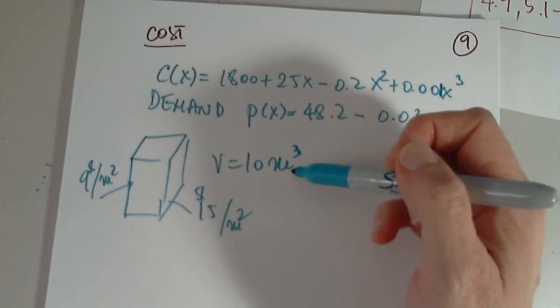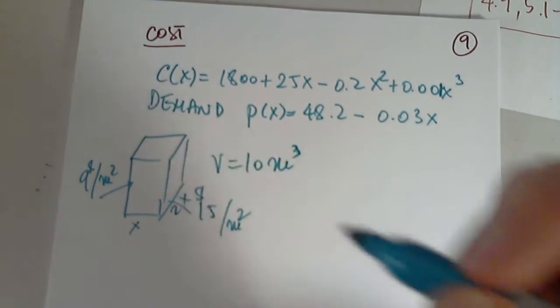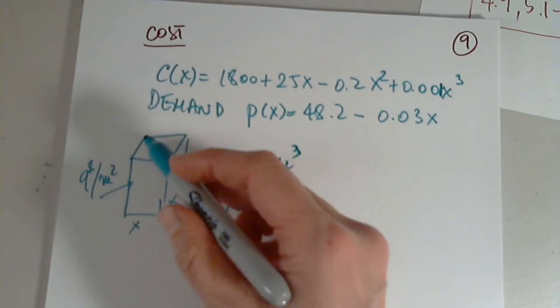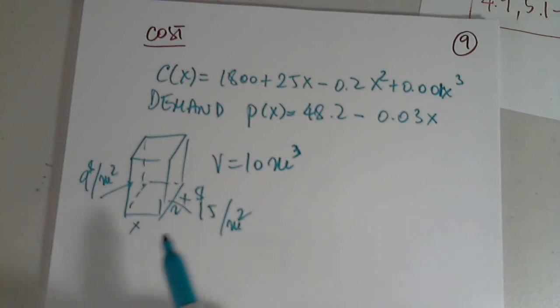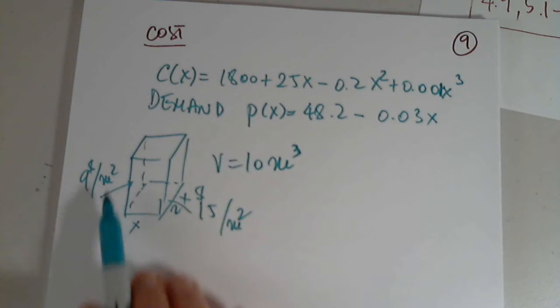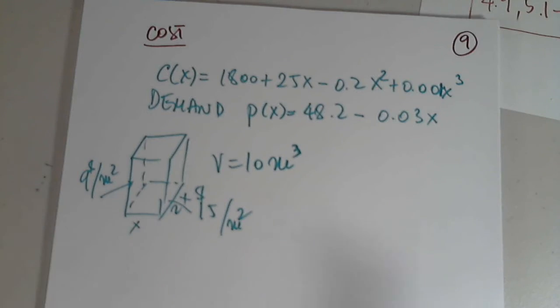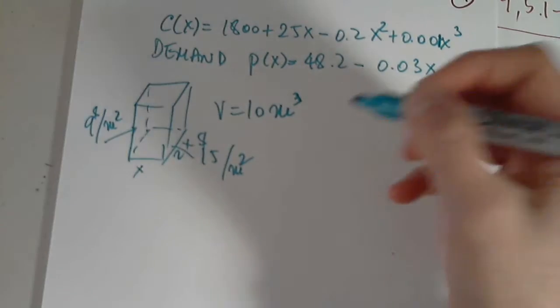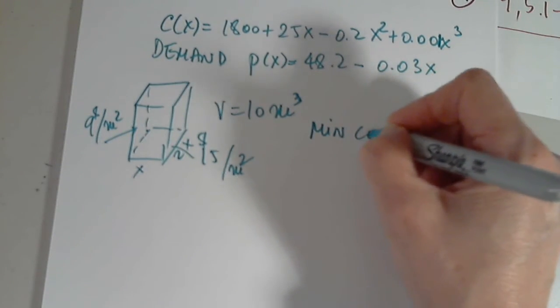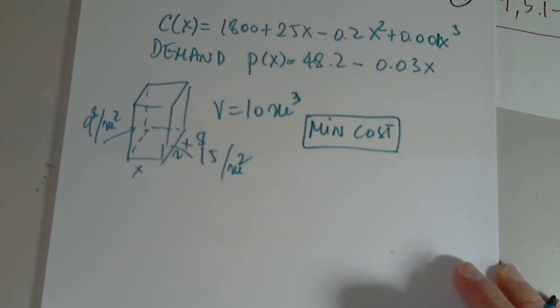Okay, so this is the volume, and this is x, and this is twice x. And for the base was $15 per square meter, and for all sides the same, $9 per square meter, correct? Yes. Okay, perfect. Good. So we want to minimize cost. Excellent. Perfect problem. That's what I thought that one was going to be.